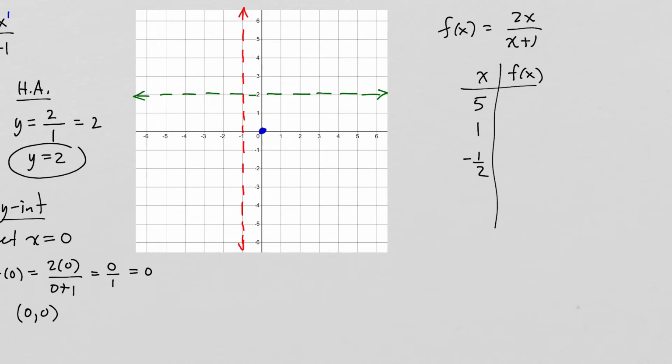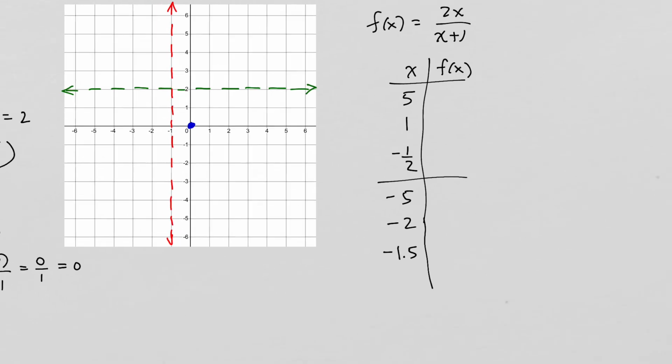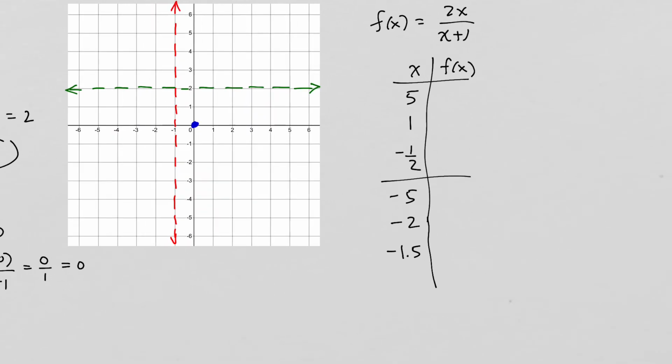And then on the negative side, let's plug in -5. And how about if we plug in -2 and -1.5. And let's see what we get. So to do this, you can use a calculator if you like, but again, you can do this by hand.